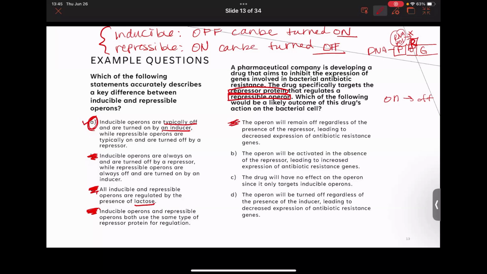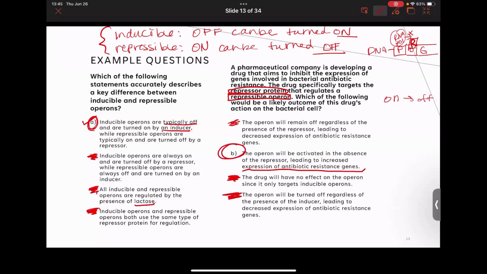If you're messing up the repressor's ability to turn it off, I'm imagining it's probably not going to be able to turn off. That's the real problem. So it's not going to be A. B, will it be activated in the absence of the repressor, leading to increased expression of antibiotic resistance genes? Maybe. I'm leaning towards that one. C, the drug will have no effect? No. Or the operon will be turned off regardless? No, it's going to stay on.